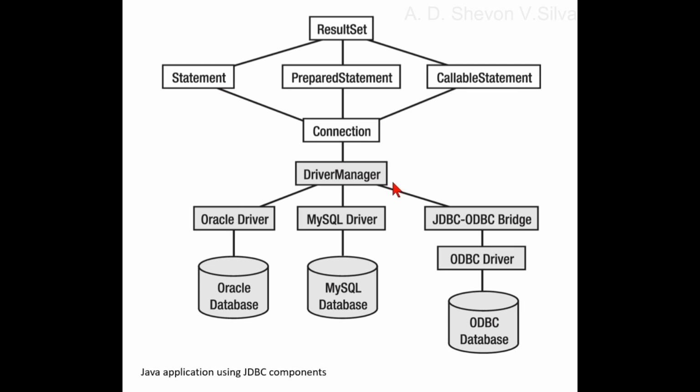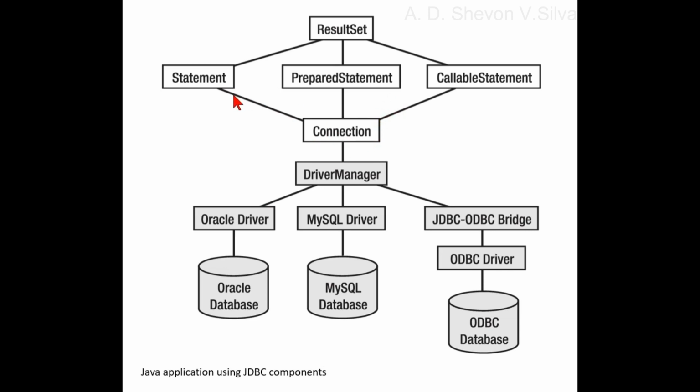You can use it to create java.sql.Connection objects to data sources such as Oracle, MySQL and so on. Connection: this interface represents a connection with the data source. You can use a connection object for creating Statement, PreparedStatement and CallableStatement objects.